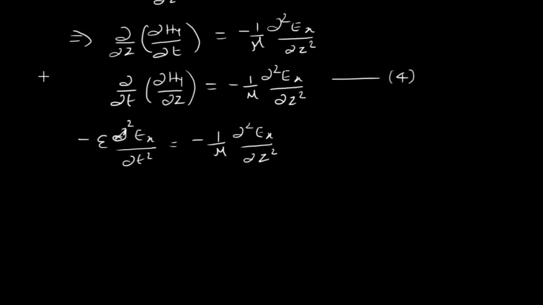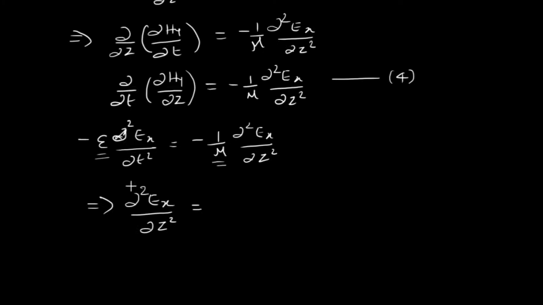I will try to bring the constant terms ε and μ onto the same side, and since both sides have a negative, I can neglect it. So this equation can be written like this: ∂²Ex/∂z² is equal to, just rearranging, it doesn't matter which is LHS or RHS, you should not be confused by that.